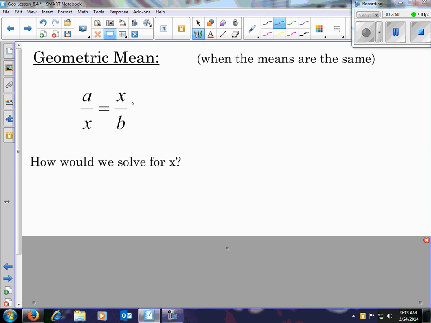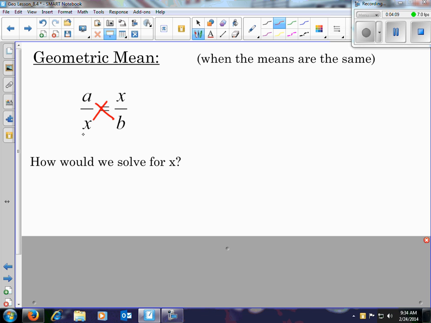Okay, what we're learning today is geometric mean. It's when the means are the same. So what we're going to do is have a model that looks like this. We have A over X equals X over B. When I have something like this, I'm going to cross multiply.